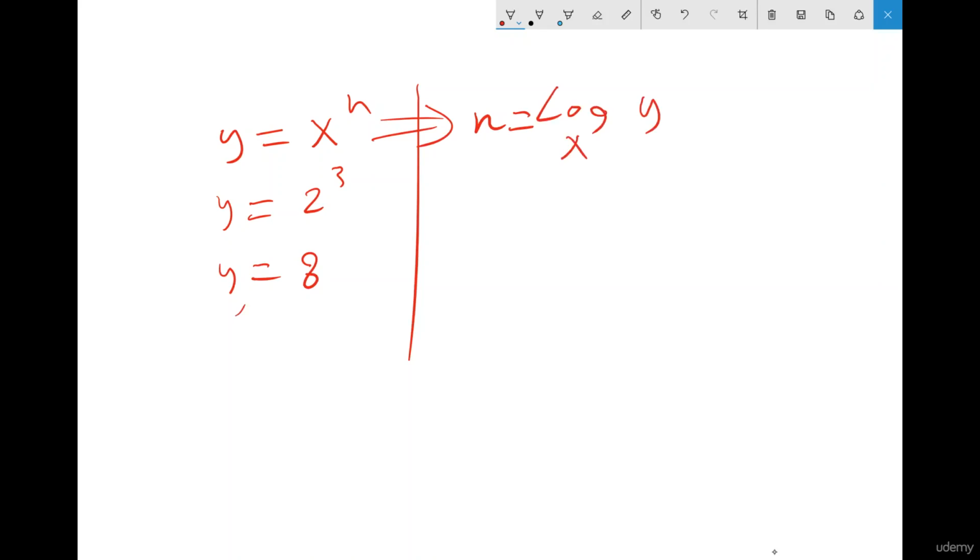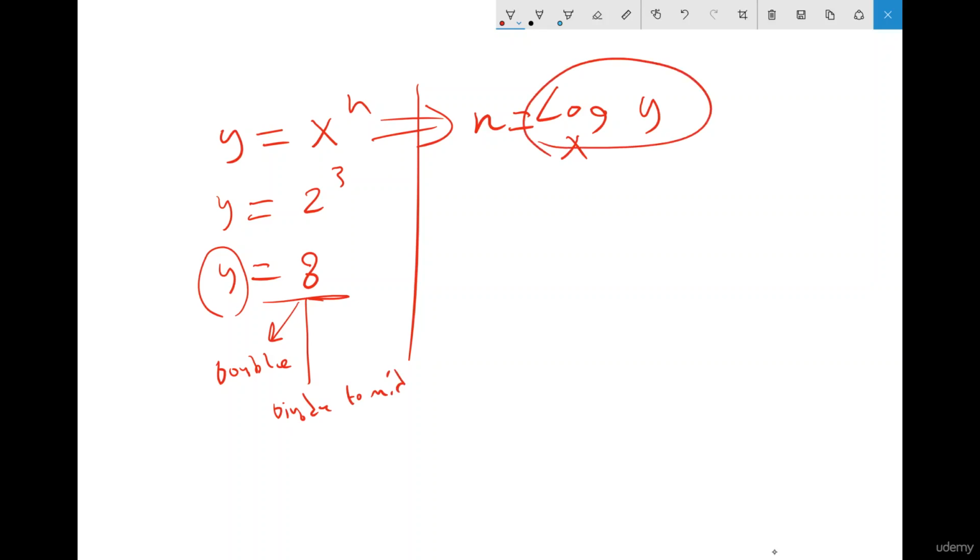So what does this mean for you here? The number of times something gets doubled or the number of times something gets divided by the middle. So when we say log n, we mean something gets doubled or something gets divided by the middle.